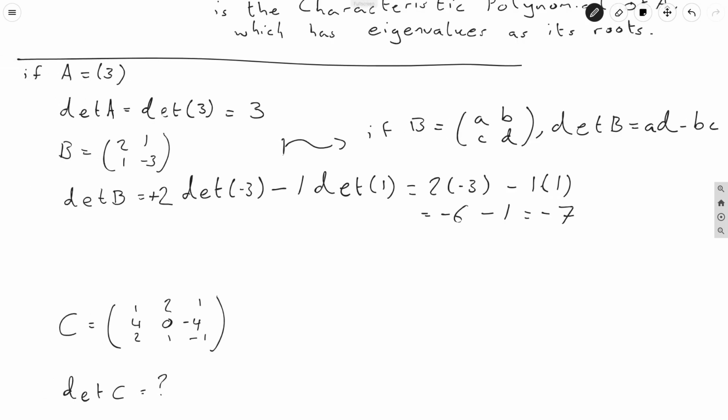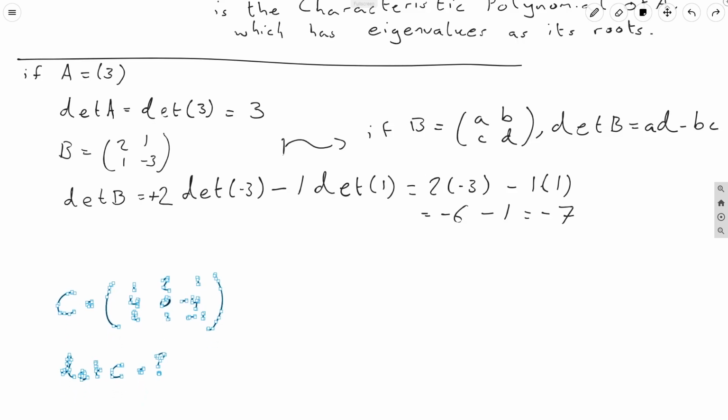So it's the first times the fourth minus the second times the third. It's just useful to have the idea of how to do a 2 by 2 matrix quickly in your head, because most of the time, if you're asked to compute a determinant in a course, it'll be a 3 by 3 matrix.